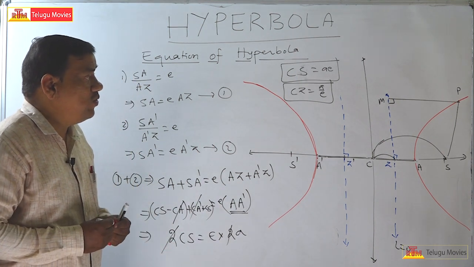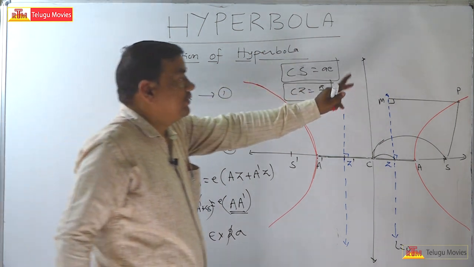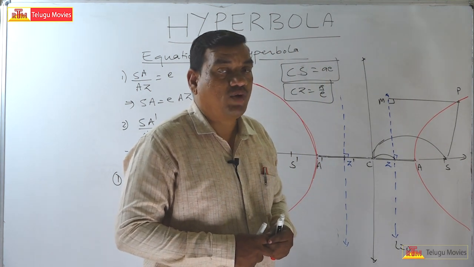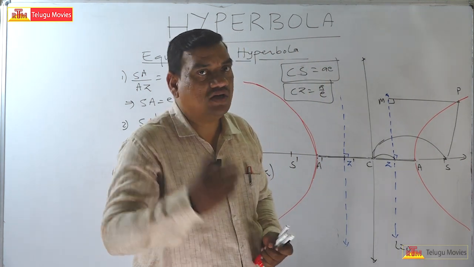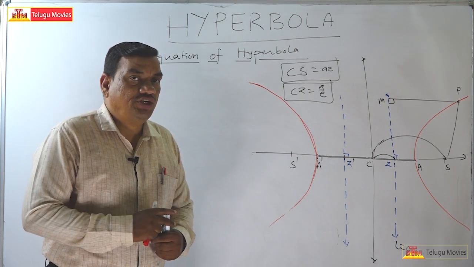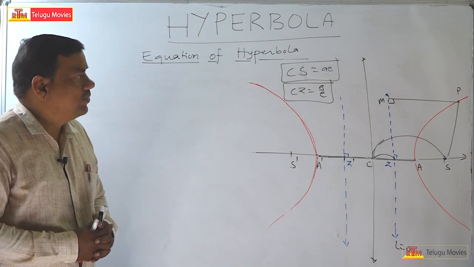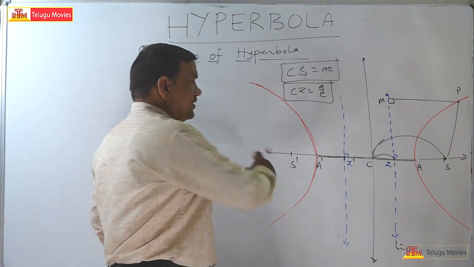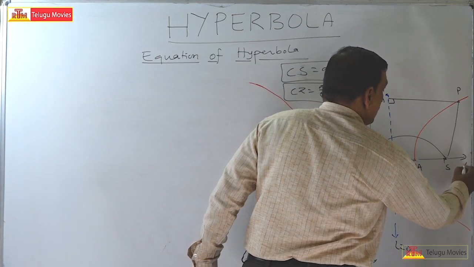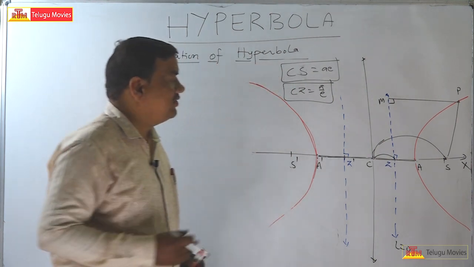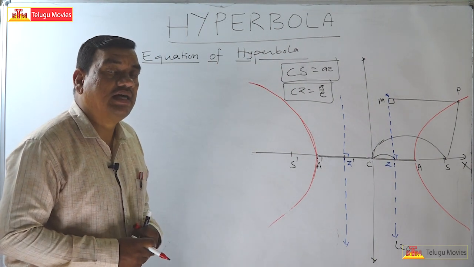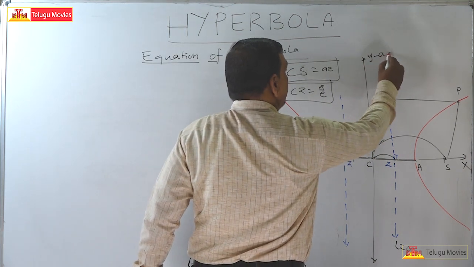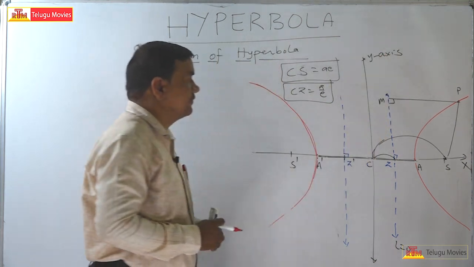Now take the point P, a variable point P, and then we will proceed with the problem. Let us continue the derivation. Now imagine a two-dimensional system. Let the horizontal line coincide with the x-axis and the vertical line coincide with the y-axis.